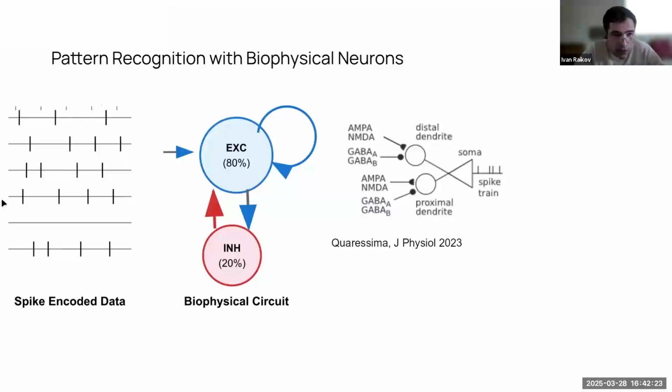But we would like to eventually do more sophisticated computations, going back to the idea of performing pattern recognition with biophysical neurons and scaling it up to perhaps performing some logical operation. And so the infrastructure that we've built, the Mine in Vitro simulator and the optimization infrastructure, allows us to now start building these first simple pattern recognition experiments where we have some signal that is encoded with spikes that is presented as input to a biophysical circuit.